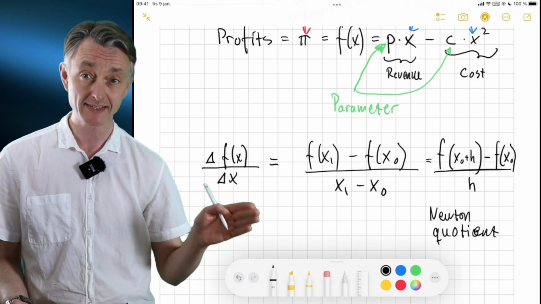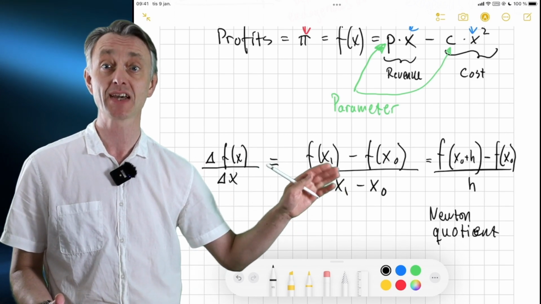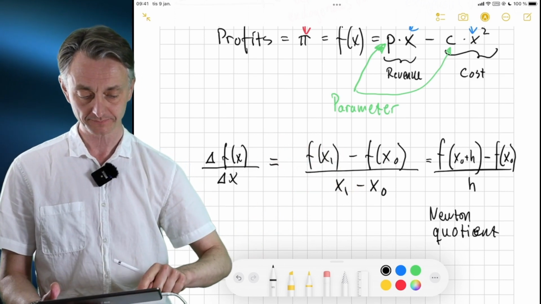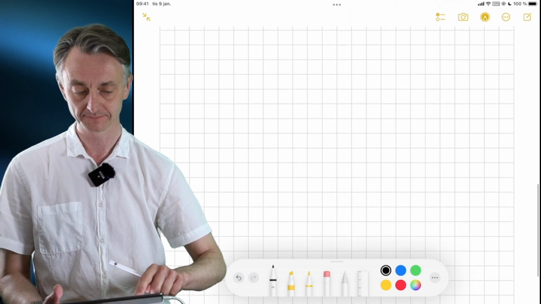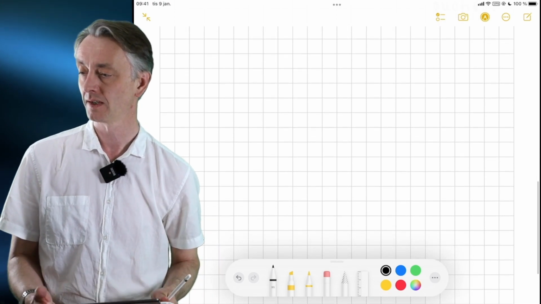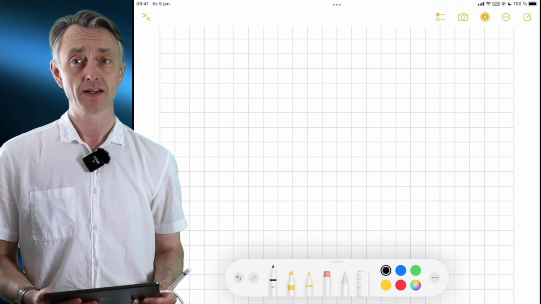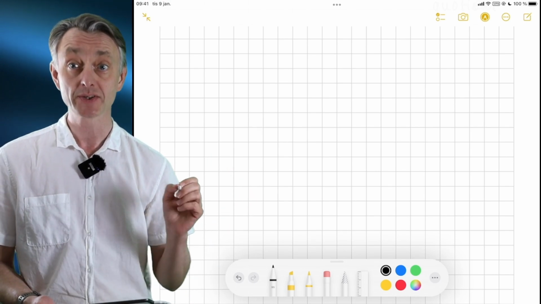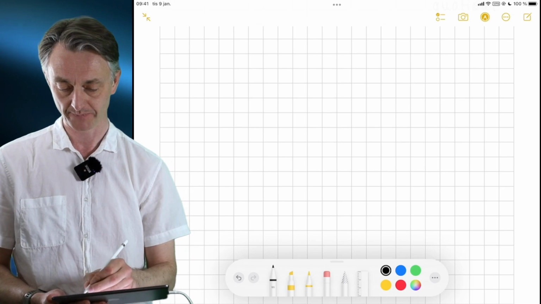And we will see in a short while how this can be used to calculate the derivative of a function. Thus, we are at this point. We want to calculate the derivative of a specific function.